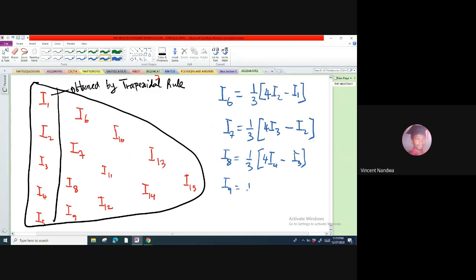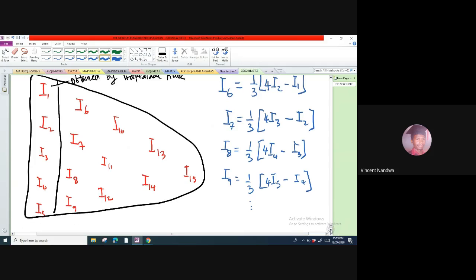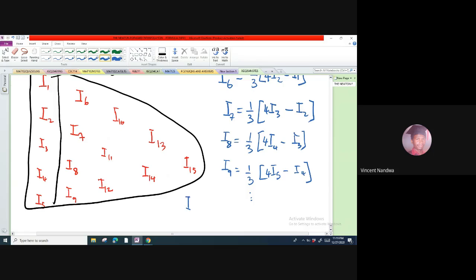I9 will be a third into 4 times 5 minus 4, and so on, up to the last one, I15, which will be given by a third into 4 times 14 minus 13.